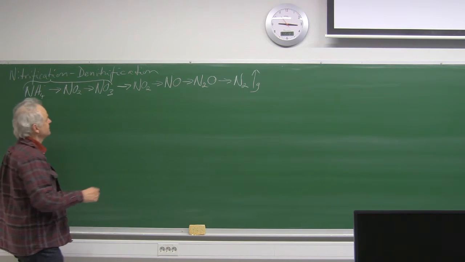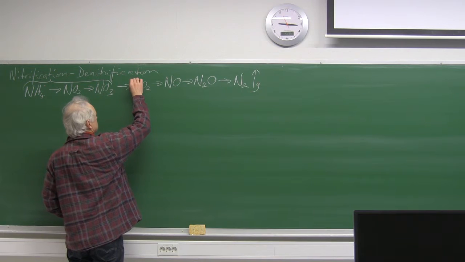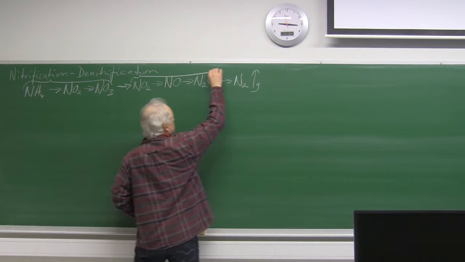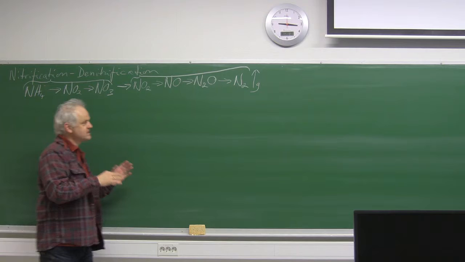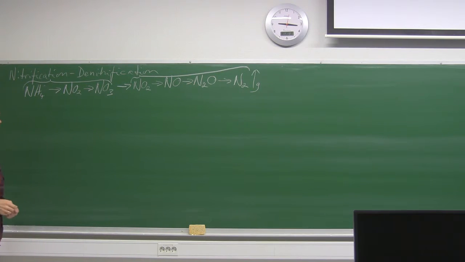So this second part then is the denitrification. These reactions, these processes can be carried out in many different ways. And that's what we'll talk about today and tomorrow. Today we'll concentrate on the nitrification part.